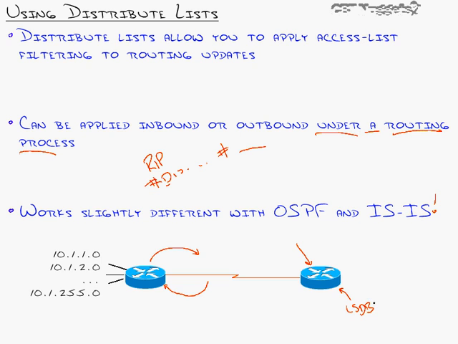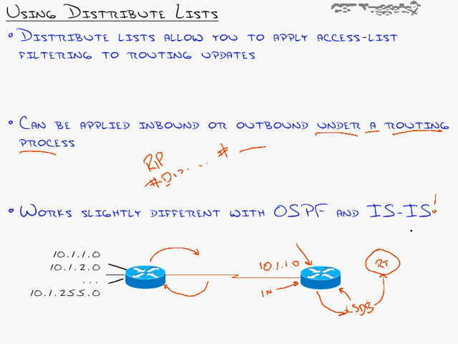Instead, a distribute list with OSPF and IS-IS keeps the routes from moving from the link state database to the routing table. So this router maybe has a distribute list applied inbound that says, do not allow the 10.1.1 network to come in. Well, because it's a link state routing protocol, it's got to come in and go to the link state database, but this distribute list keeps that route from ending up in the routing table.